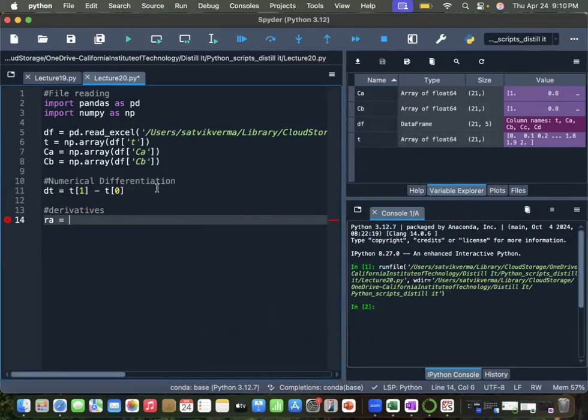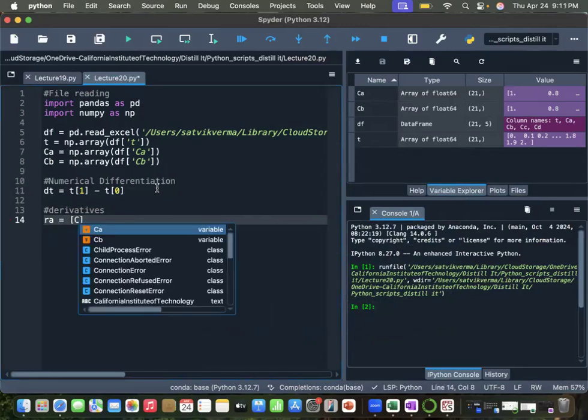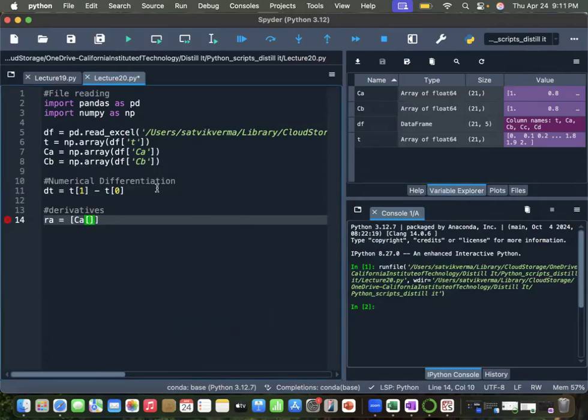And at the first point, which is at time t equals 0, we'll use the point next to it, CA i plus 1 minus CA i. So that's going to be CA i plus 1, so it's the first point. So CA1 minus CA0, and the entire thing divided by dt, right?